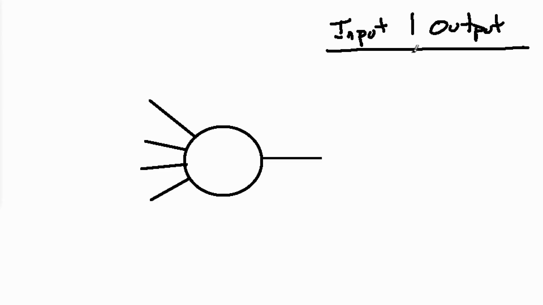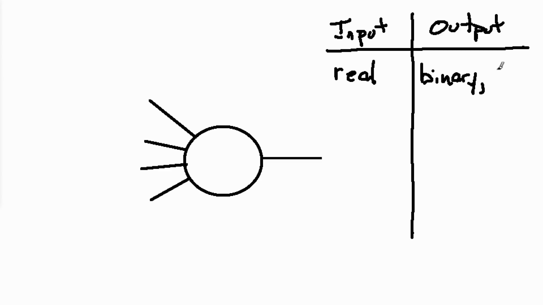There are a couple of things to be said over here. In the particular model that we just drew, we had input, we had output, and the input over here was real, and the output over here was binary, and it was also discrete.